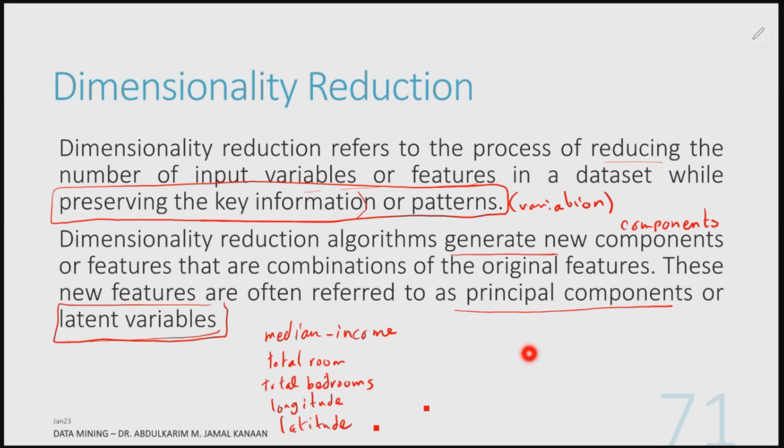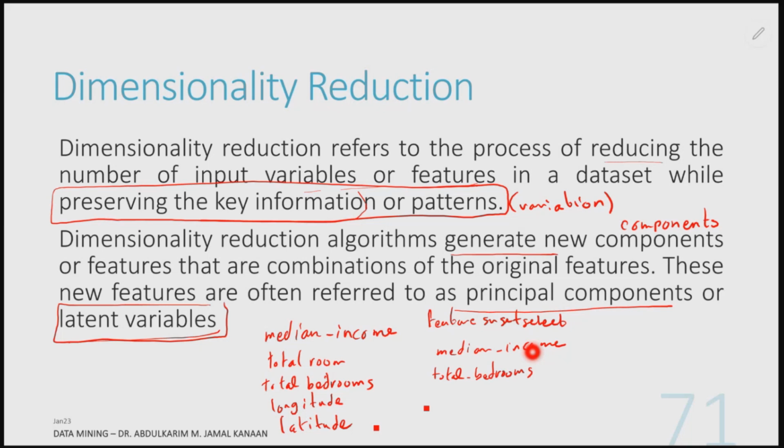Now if you are applying feature subset selection, you come and say, okay, I'm going to take only median income and, let's say, total bedrooms. This is feature subset selection. You select some and drop others.